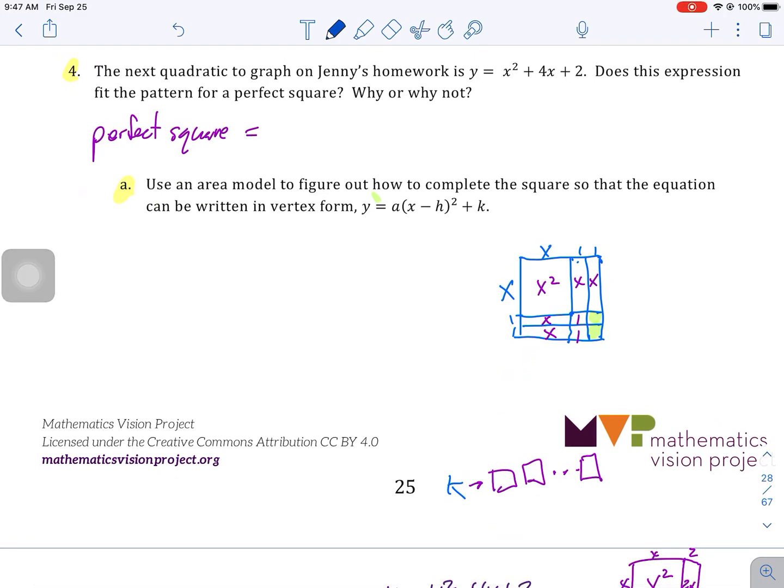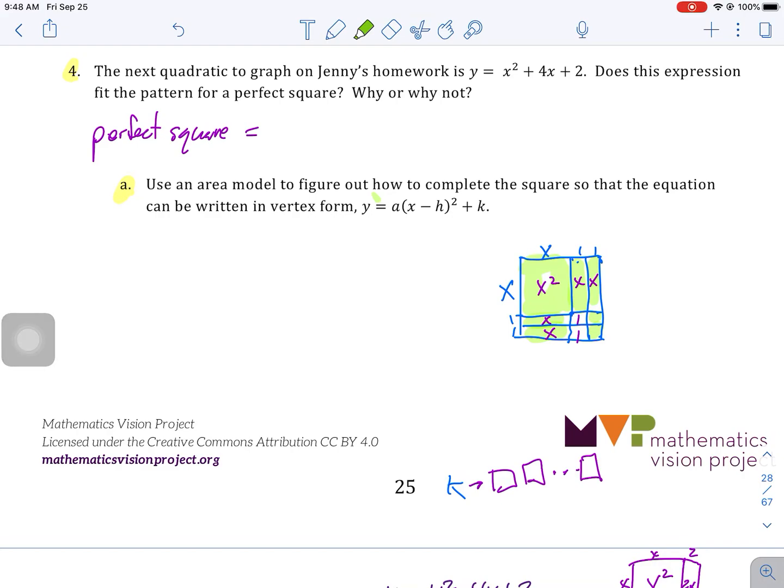So on this one, you start out with x squared, and then you're adding 4x, so 1, 2, 3, 4, and then you're adding 2. But the problem is you're still missing 2 here, right? So it doesn't quite work.